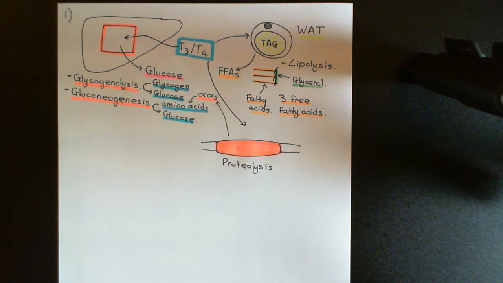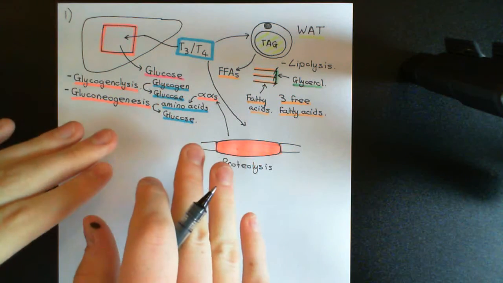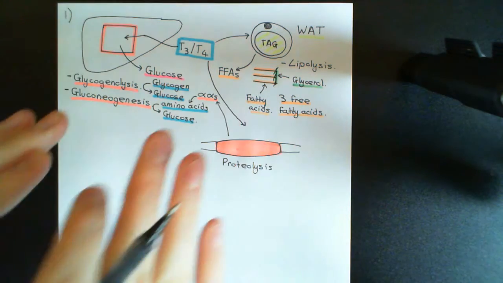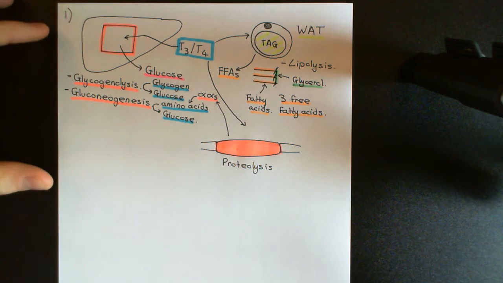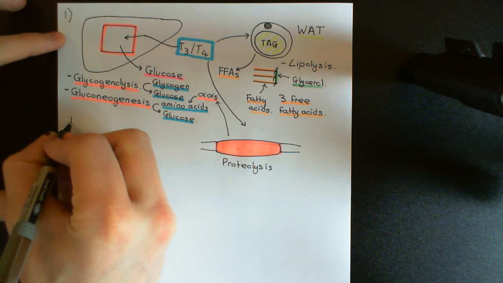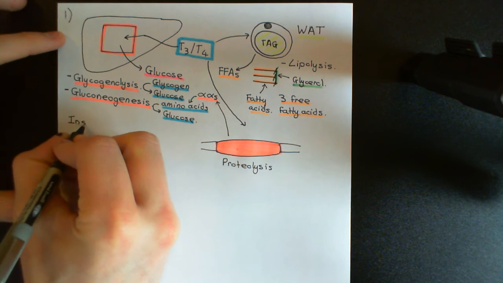Glucagon and insulin are the dramatic ones that hugely change their effects depending on whether you're in the fasting state or the fed state. Whereas T3 and T4 are just always there in the background, activating the release of molecules into the bloodstream for energy. Okay, so let's just have a little reminder of insulin and glucagon.